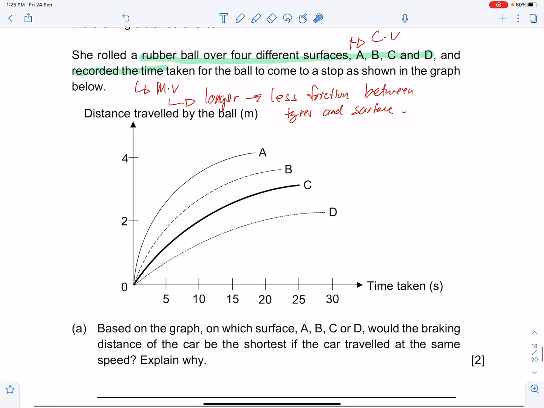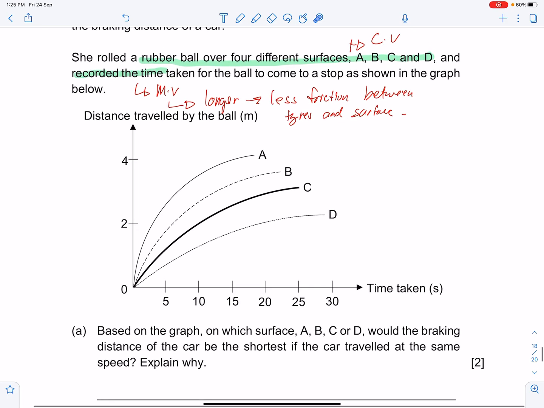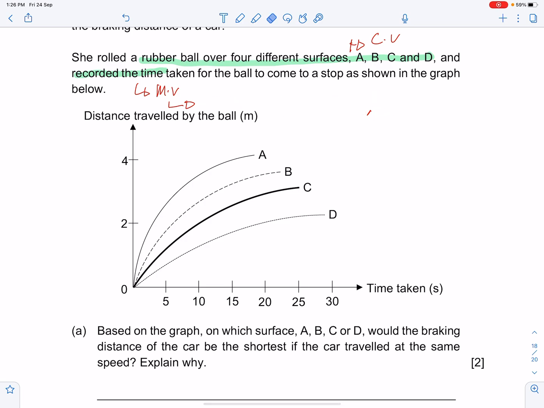Okay, can I backtrack a bit? I think I misunderstood this part. So I'm going to backtrack a bit over here. Let me re-explain this part. Okay, and recorded the time taken for the ball to come to a stop. Meaning that if let's just say a ball has more friction, it should come to a stop faster. Because friction stops things from moving, right?